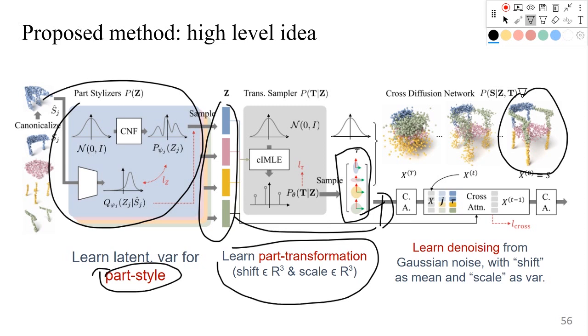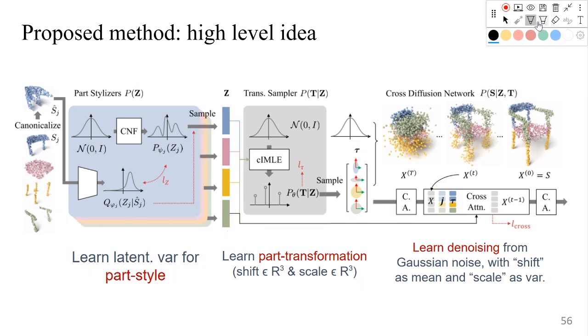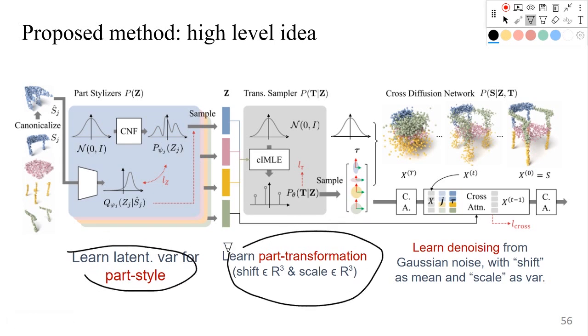At a high level, in the whole pipeline we will learn the style and also the size in the dataset. So we will learn the distribution of the style and also the distribution of the size, the transformations that are available in the dataset. Later we can generate our own shape by using different styles of the part and also different sizes of the part here.